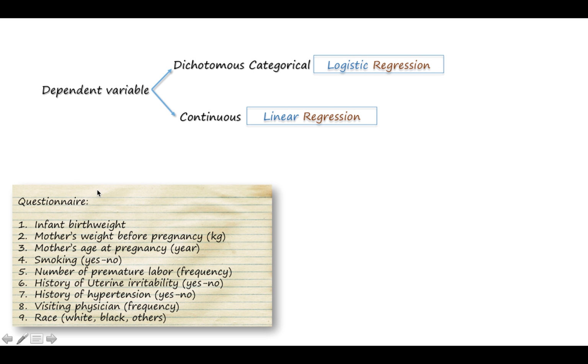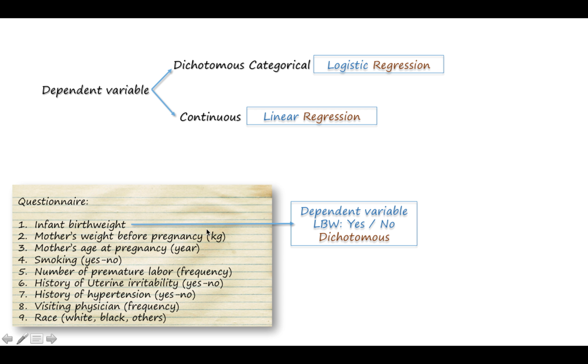In your example, you had a questionnaire with 9 questions, and we add more variables also. Imagine that the infant birth weight is your dependent variable. If you choose it as a continuous variable, as weight in grams, then you are going to use linear regression. But if we dichotomize it to low birth weight, yes or no, and use this dependent variable as a dichotomous variable, then we should choose logistic regression for the prediction.